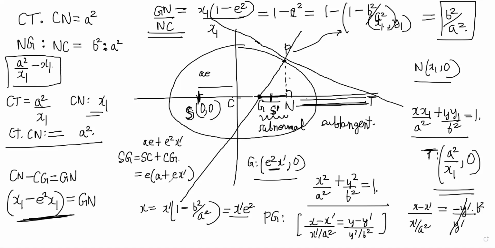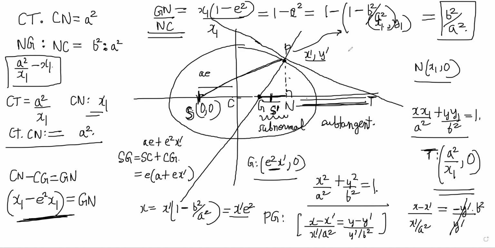Now A plus E X dash is a focal distance as far as I remember. It is equal to the focal distance of SP, because P was X dash Y dash. Focal distance is A plus E X dash. Think about it.